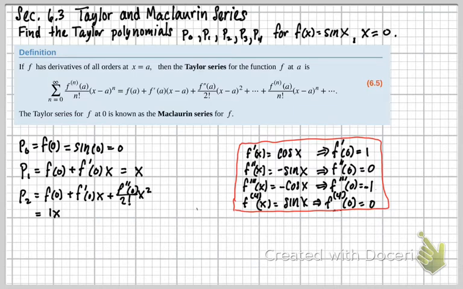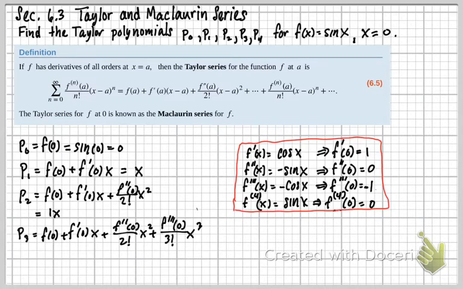So now I'm going to do P3. And P3 is just going to follow that same pattern. So f of 0 plus f prime of 0 x plus f double prime of 0 over 2 factorial x squared, plus f triple prime of 0 over 3 factorial x cubed, and that's where I stop.